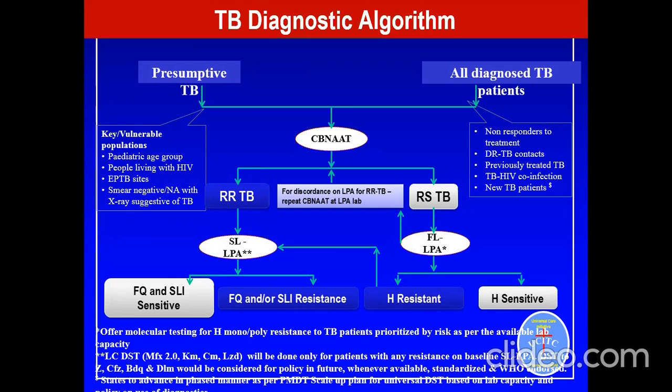We use a person having presumptive TB, or a person who has been diagnosed with TB, is subjected to a CBNAT test, and a CBNAT test will give us both the presence or absence of Mycobacterium tuberculosis and its susceptibility, whether it is susceptible or resistant to rifampicin or not.